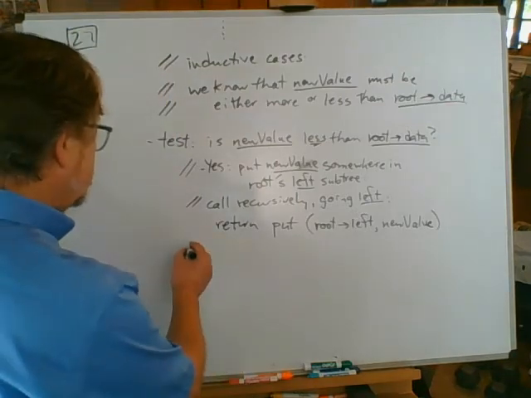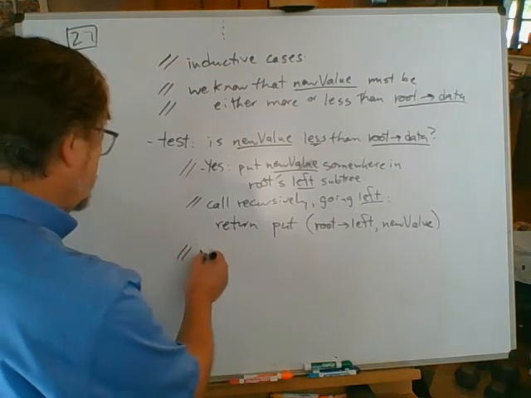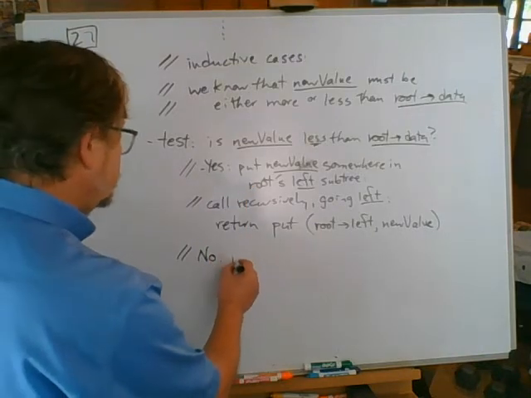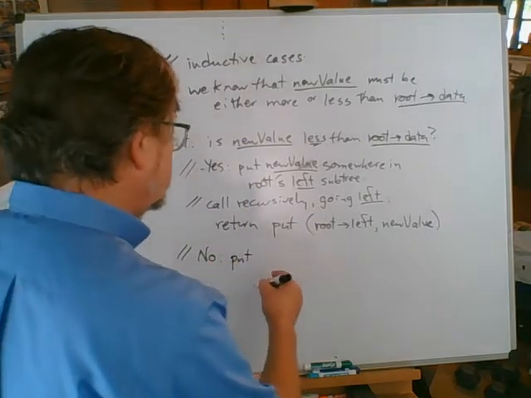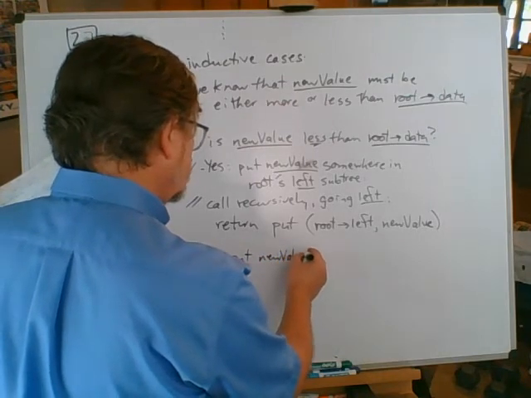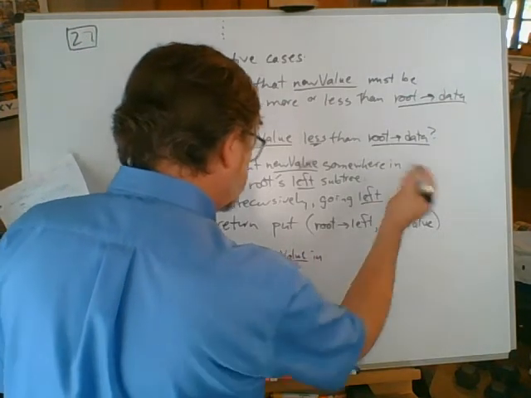I'll put a comment down here. Put new data, whatever I called it, put new value in root's right subtree.